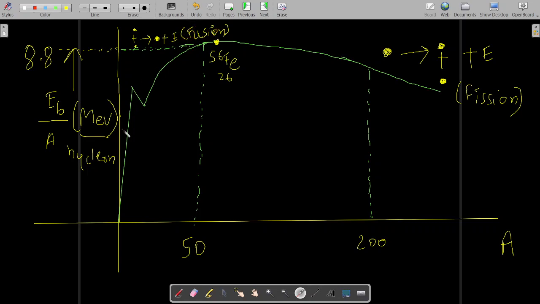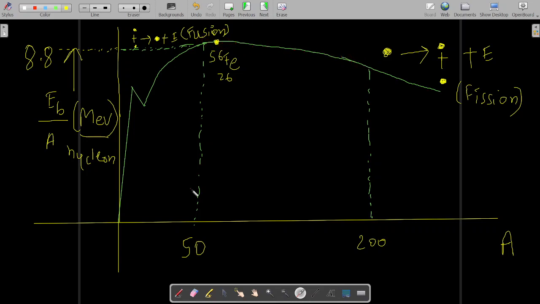The nuclei which lie in this particular region of the binding energy per nucleon graph will easily undergo fusion. Then over here the nuclei are somewhat stable.